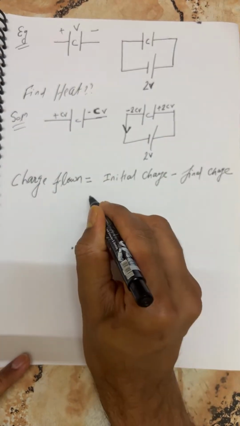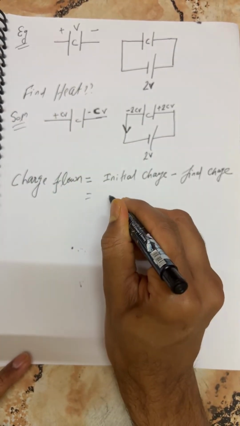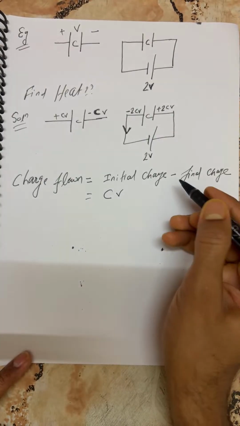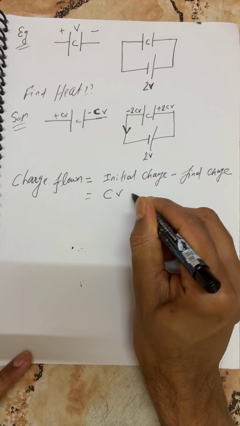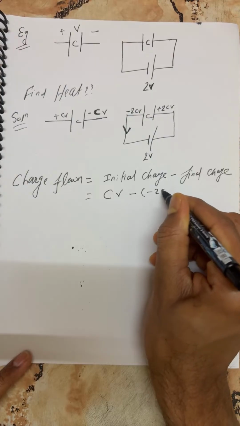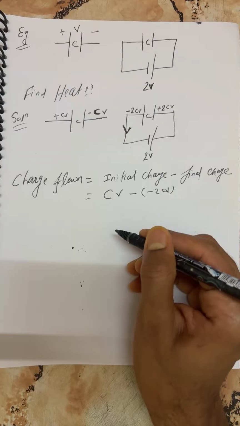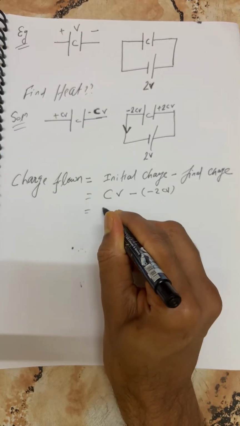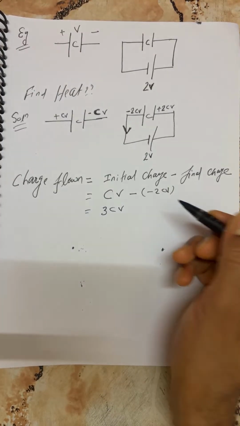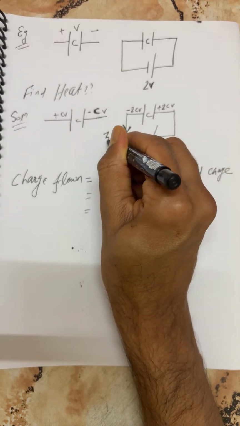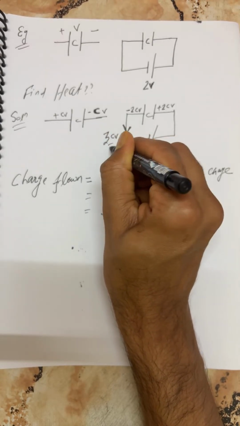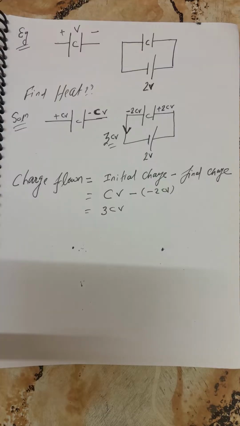So what is the initial charge? This is CV. Final is minus 2CV. Minus minus, so this is 3CV. So the charge coming out here is 3CV. And what we have to find is heat.